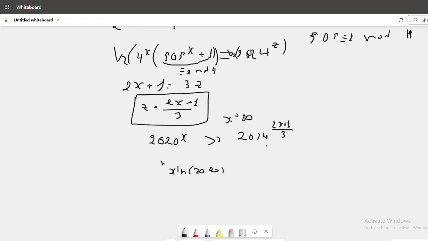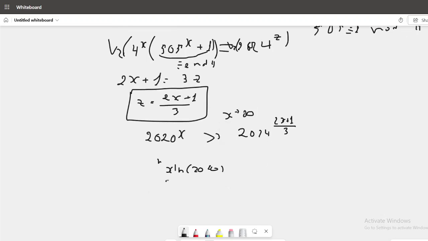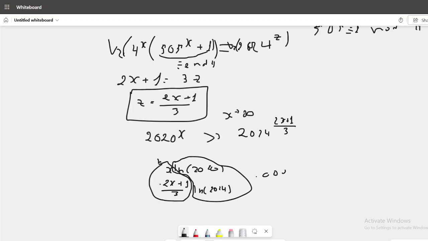Right? Take ln of both sides, we're comparing it. And here we have 2x plus 1 over 3 times ln of 2024. These are almost the same, like 0.000-something different. But 2x plus 1 over 3 becomes significantly smaller than x as x approaches infinity, right?